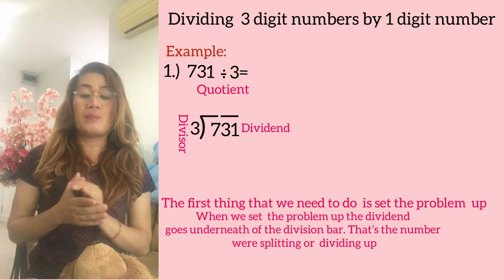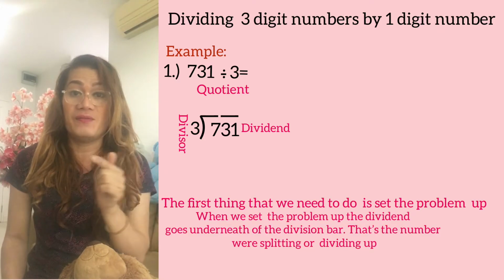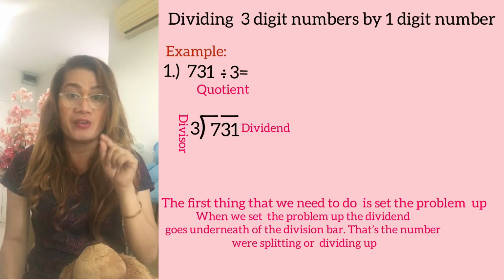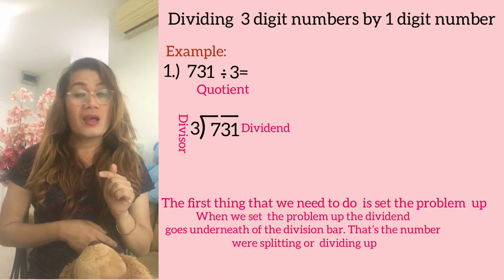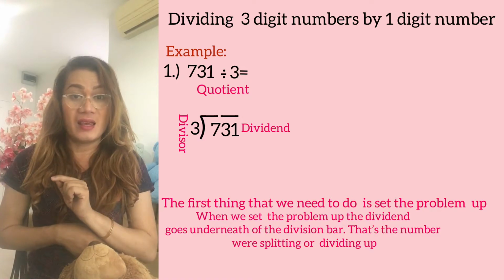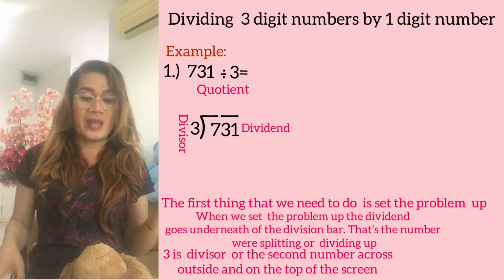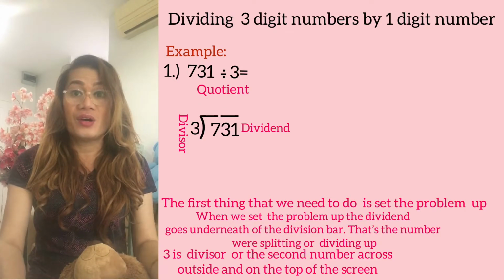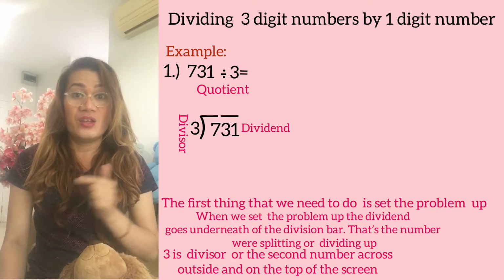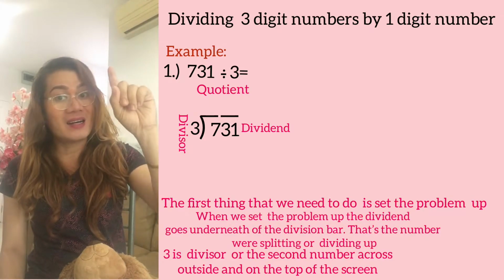When we set the problem up, the dividend goes underneath the division bar. Remember, that's the number we're splitting or dividing up. And 3 is our second number, our divisor, outside the division bar.